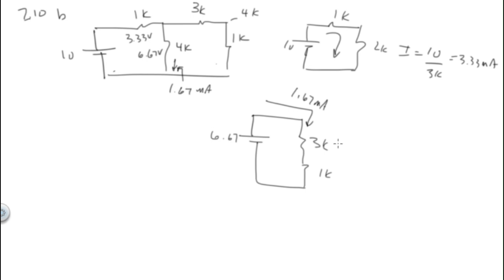Now I can find my voltage. It's 5. And this is 1.67 volts. So now I know all my voltages and all my currents through this whole circuit. I know that this current up here is 3.33 milliamps.